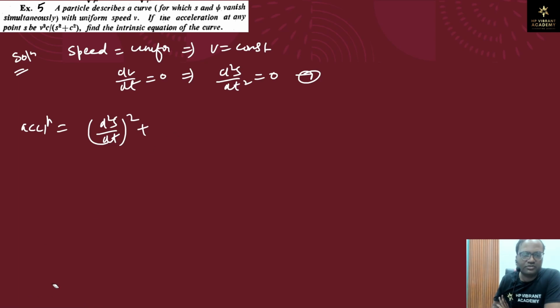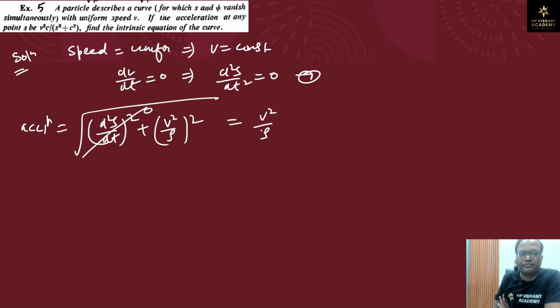Normal acceleration is v square upon rho. So we have under root v square upon rho, whole square. So this gets vanished. So we have v square upon rho. So we are having the acceleration, as given in the question, as v square c upon s square plus c square. Okay, so v square gets cancelled. So we have rho is equal to ds upon d psi.